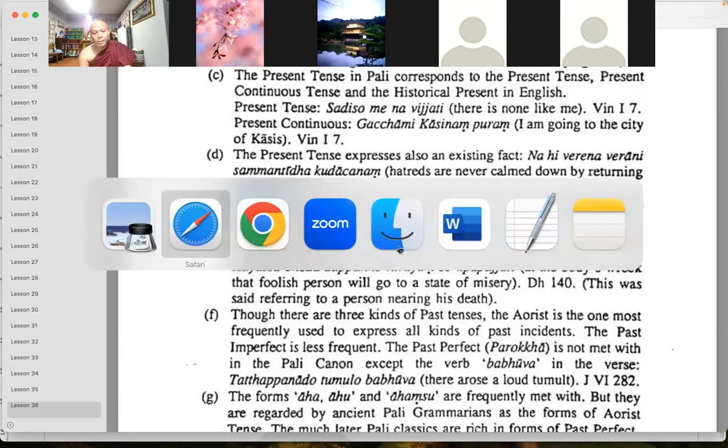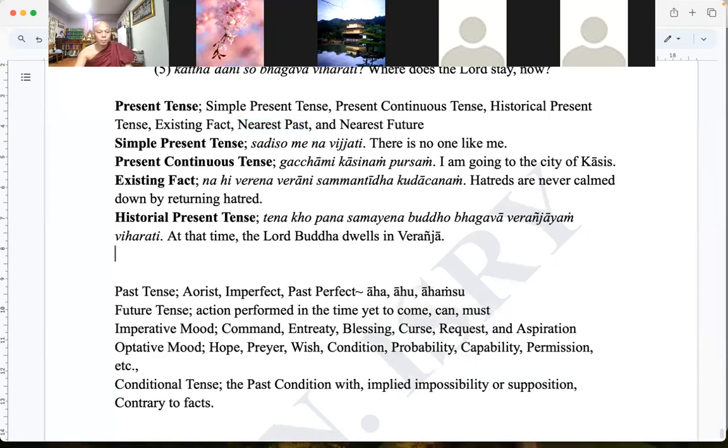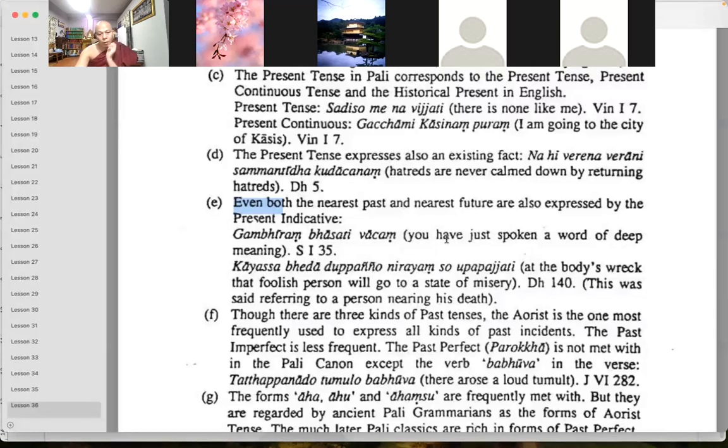So that is replied by the listener. So "Gambhiram bhasasi".